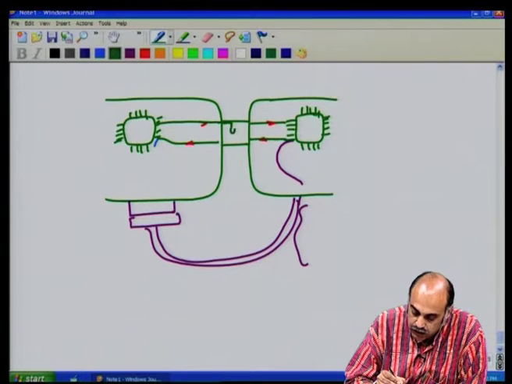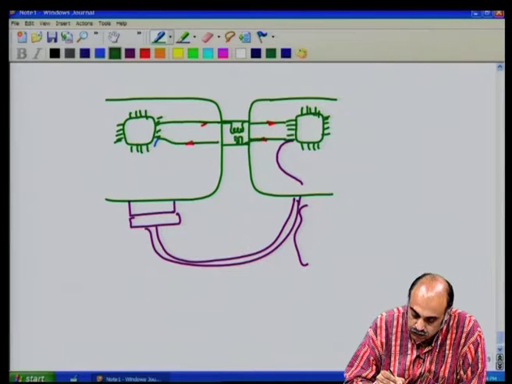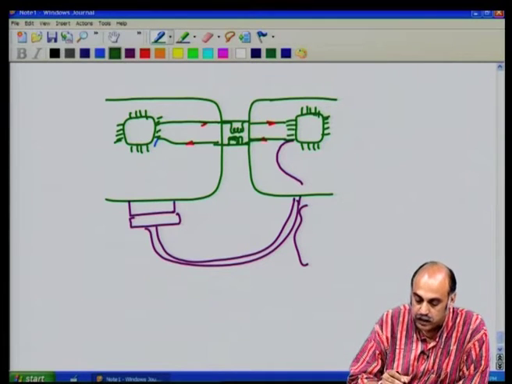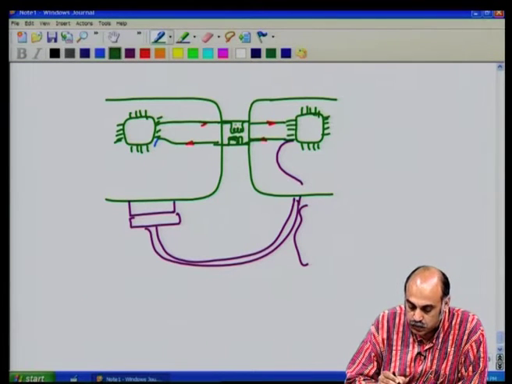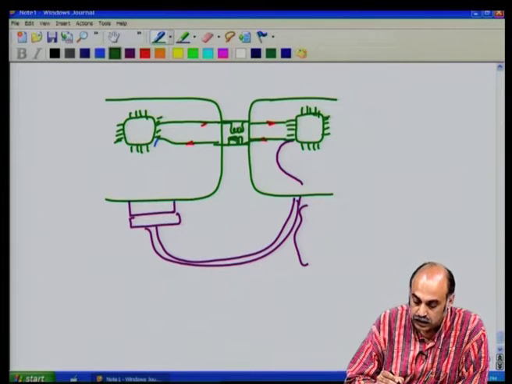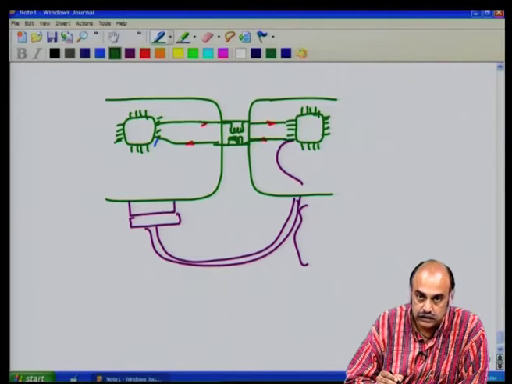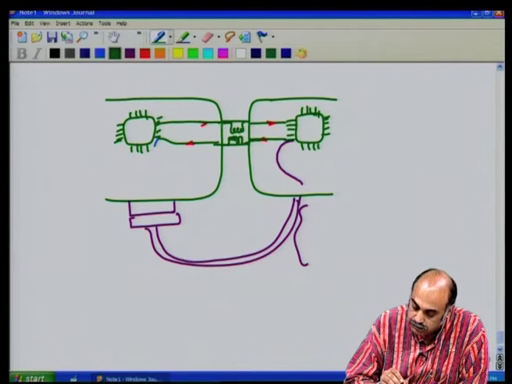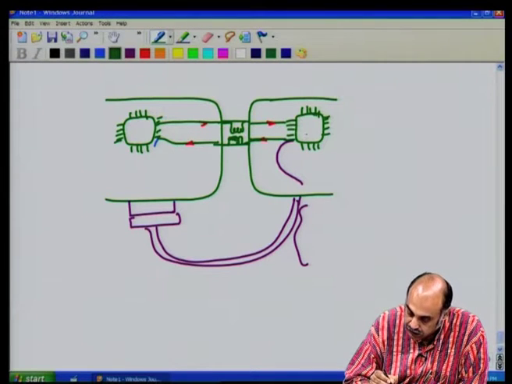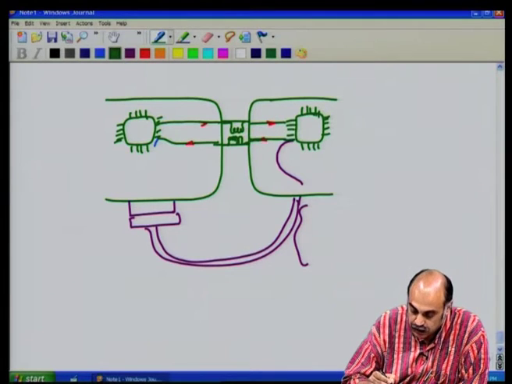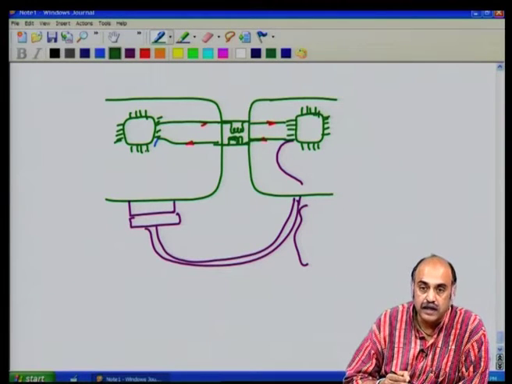We could have a common mode choke, where for these two lines together, forward and the return, they cancel each other. This inductance does not act as an impedance for them, but it forms an impedance for the current which does not return through this, but returns through another path.